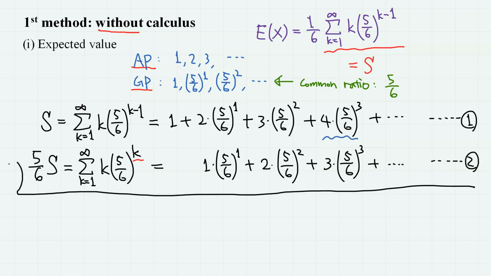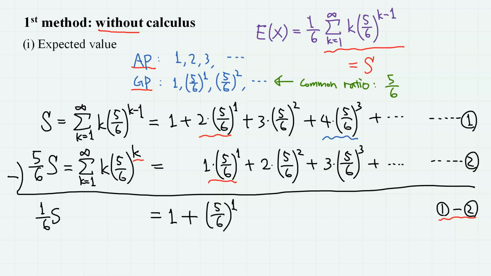Then, 1 minus 2 gives 1/6 S equals, so we have 1. Then, if we do this term minus this term, we simply have (5/6) to the power of 1. Then, this minus this gives (5/6) to the power of 2. Then, we have (5/6) to the power of 3, and so on.